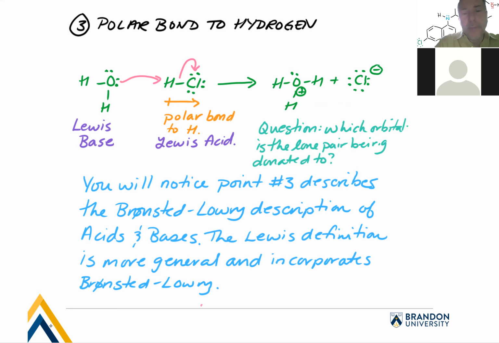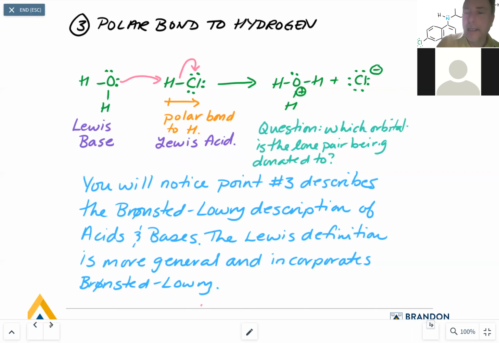So if you've got a polar bond to hydrogen, the basic reaction is that the Lewis base is going to remove that proton, and the electron pair that the Lewis acid is accepting, it already actually had because it's in this bond, and now it's moving on to it.